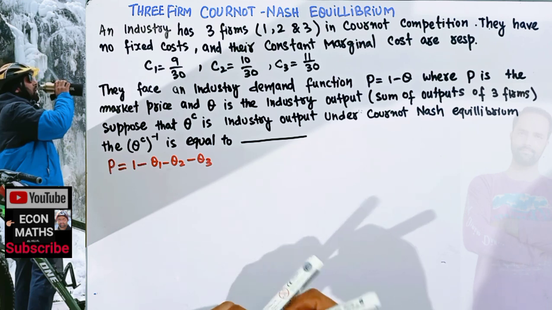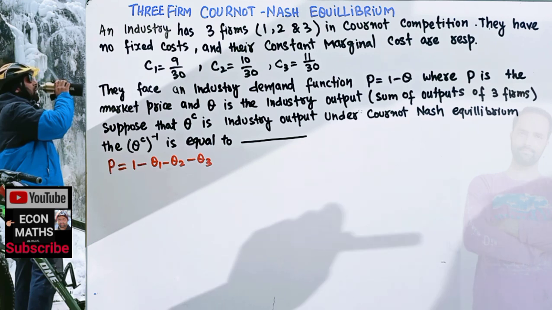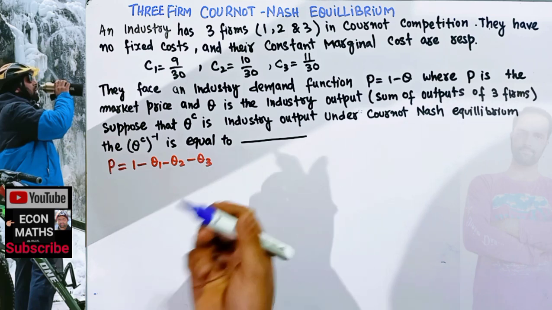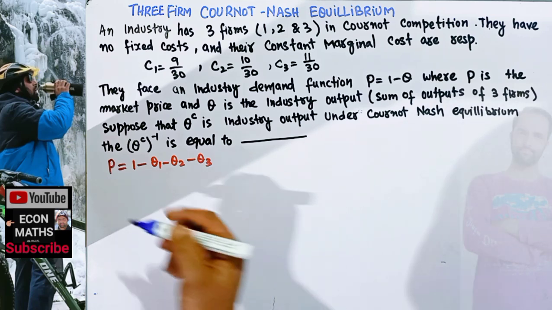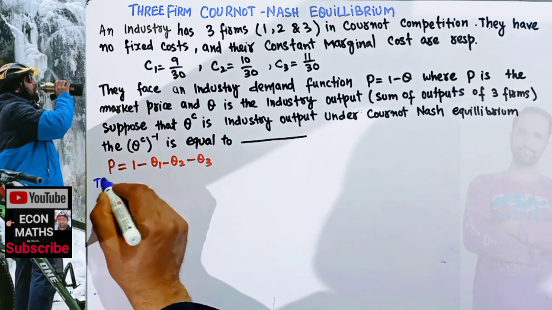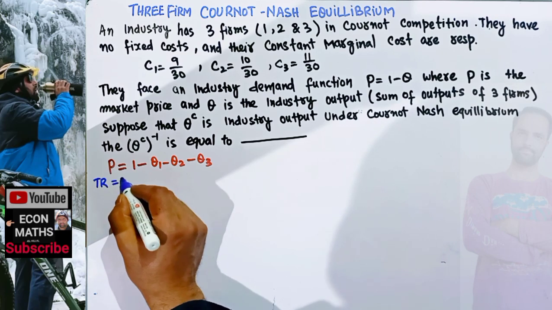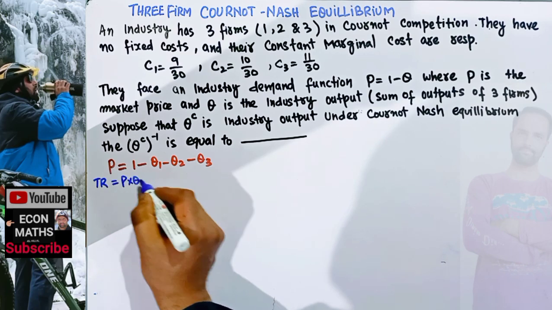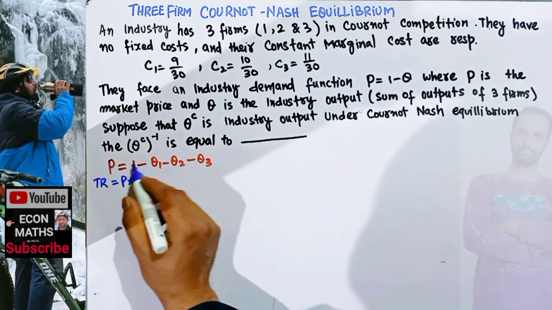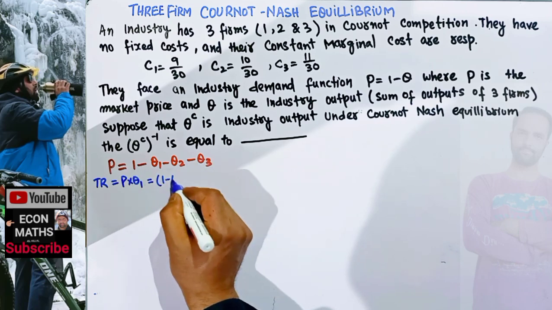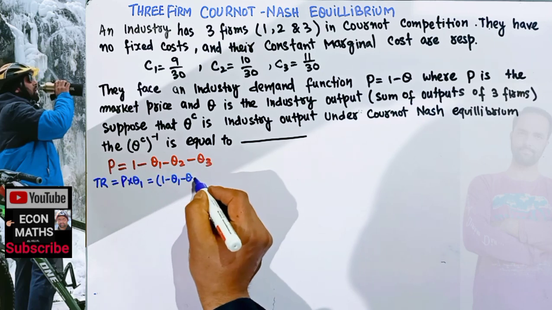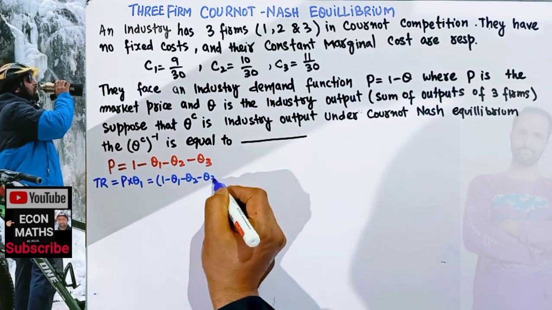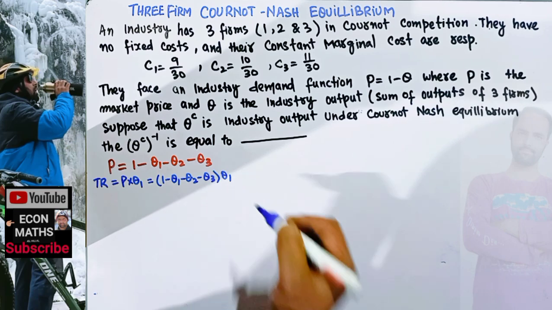Let's take firm 1 first. To find marginal revenue, we need the total revenue, which is simply P times output Q1. So P is 1 - Q1 - Q2 - Q3, and to this we multiply Q1.